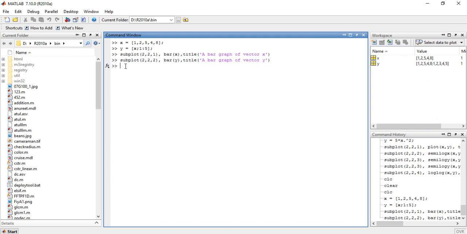Next is the barh command. This will generate a horizontal bar graph when x is a two-dimensional matrix and barh groups the data by rows. But when x is a vector, barh generates a horizontal bar graph. So here I am just going to use barh for x, and this is our third figure window.